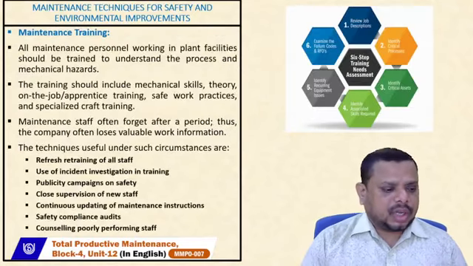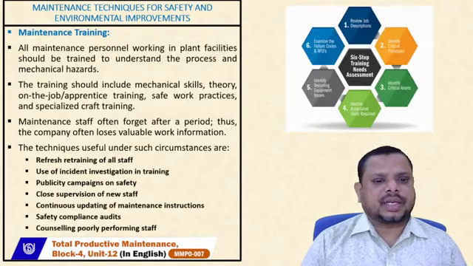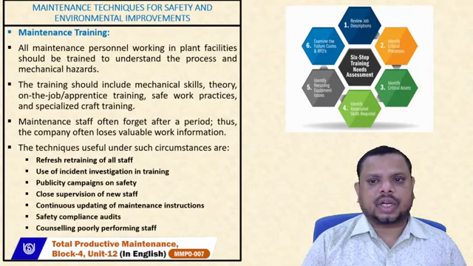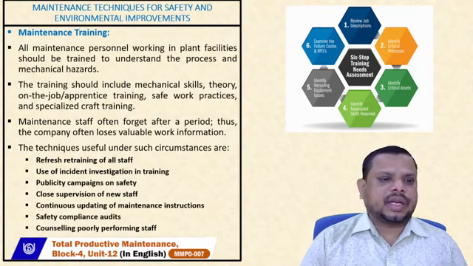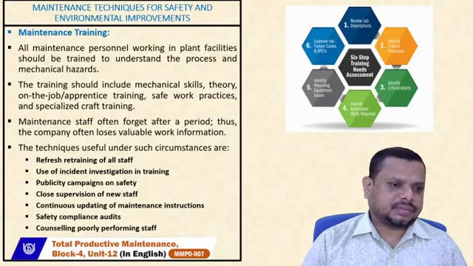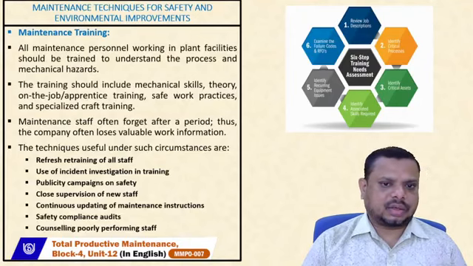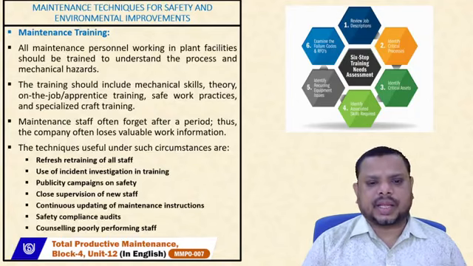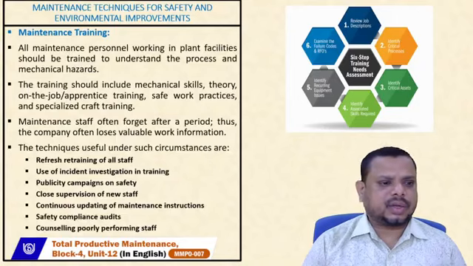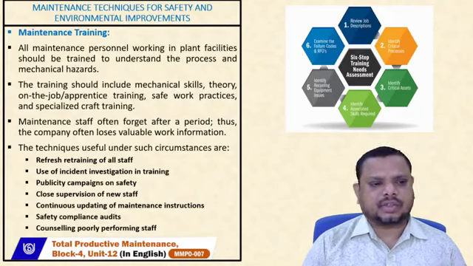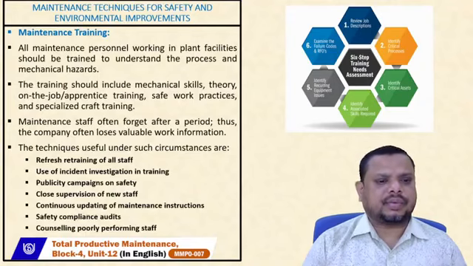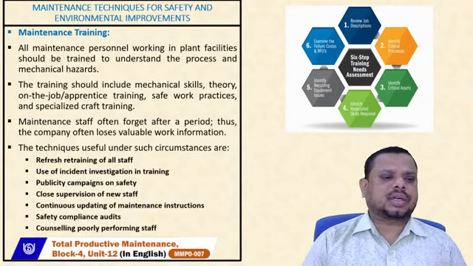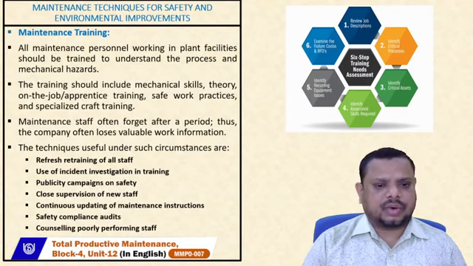Moving to the next topic, which is maintenance training. All maintenance personnel working in the plant facilities should be trained to understand the process and the mechanical hazards. The training should include mechanical skills, mechanical theory, on-the-job and apprenticeship training, safe work practice, and specialized craft training. Maintenance staff often forget over a period, so the company often loses valuable work information.